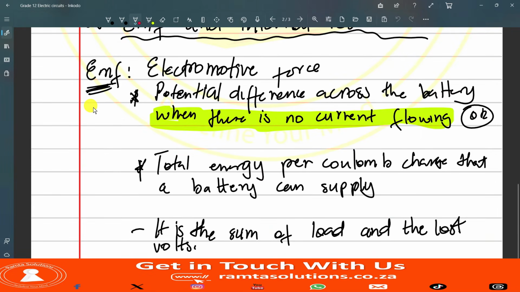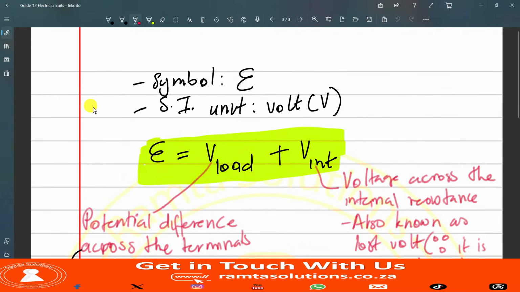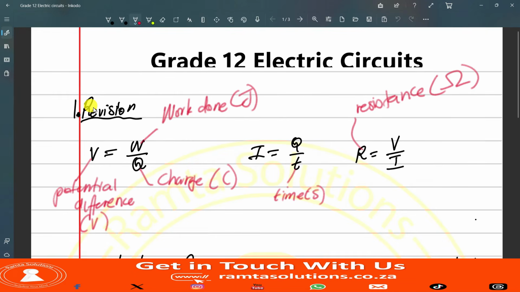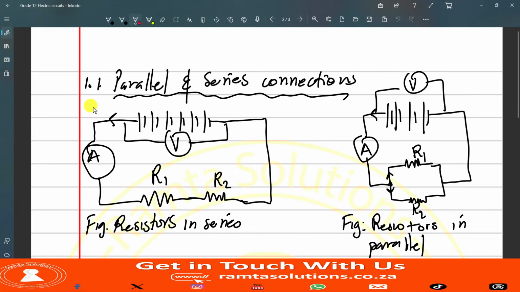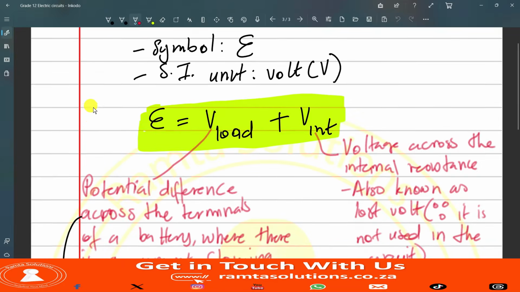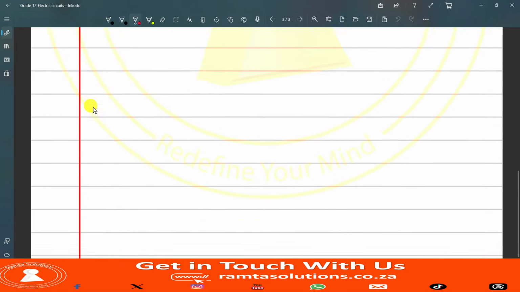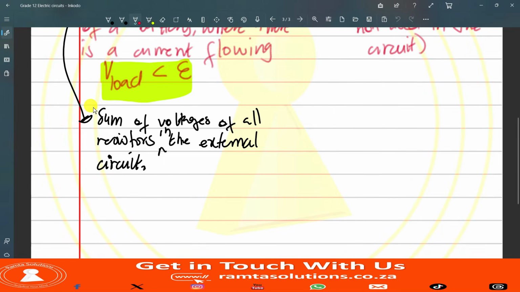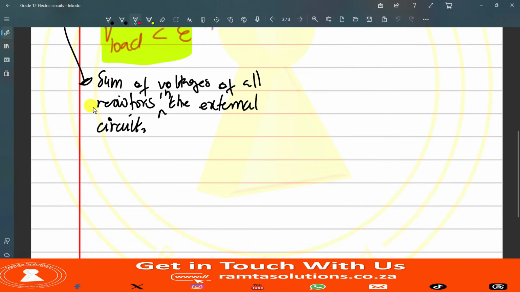In grade 10 and 11, you were ignoring internal resistance. So with this internal resistance, let's now talk about it quickly.